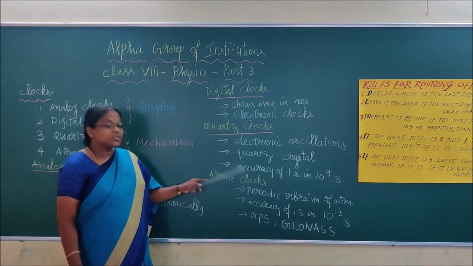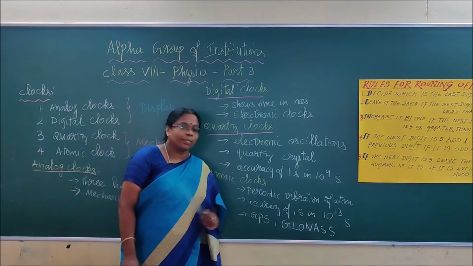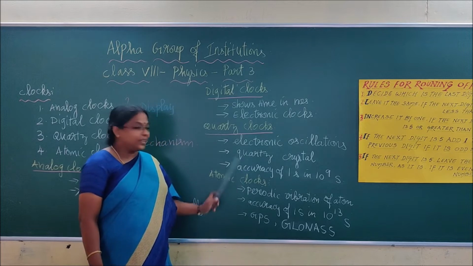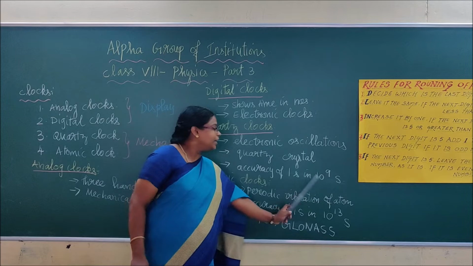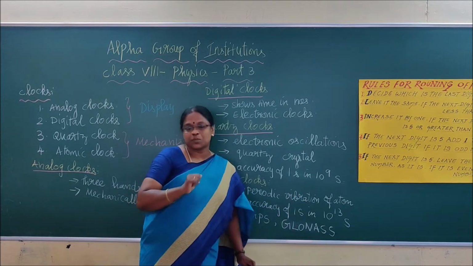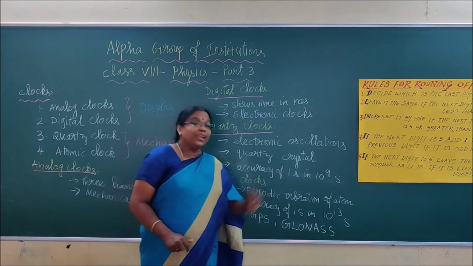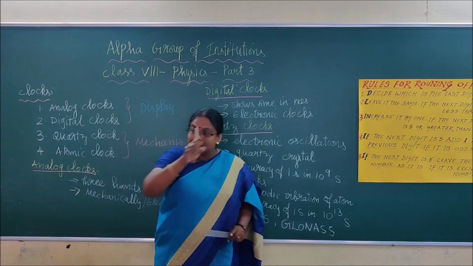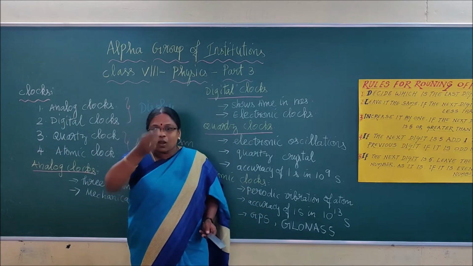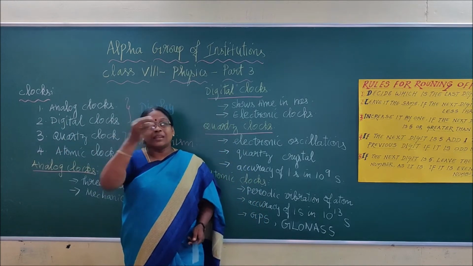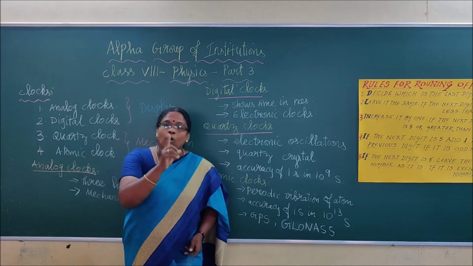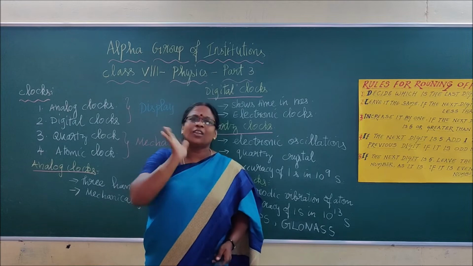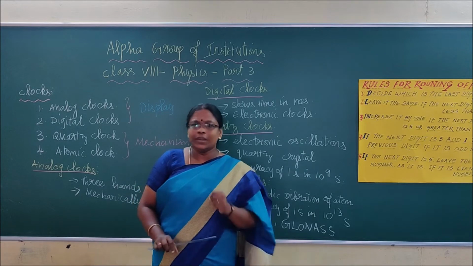And you see children, this is a very beautiful line. It will be accurate. These types of clocks will have an accuracy of 1 second in 10 power 9 seconds. I will explain it. 10 power 9 means what? 1 and 9 zeros. You pronounce that number. In that many seconds, you will go wrong by only 1 second. I'll tell you an example.